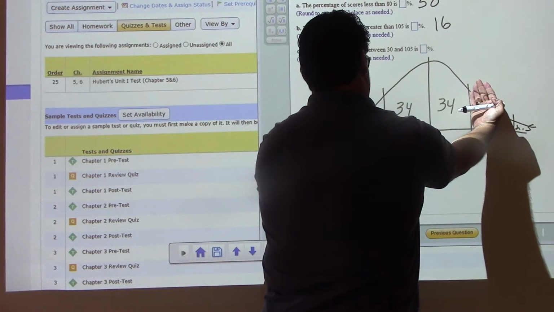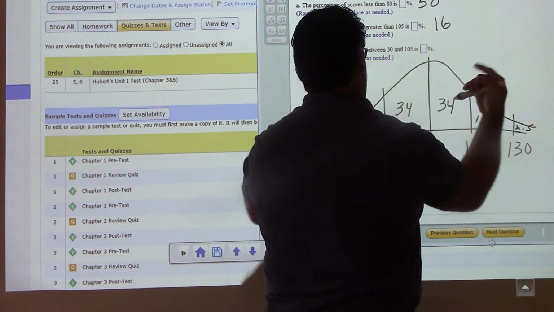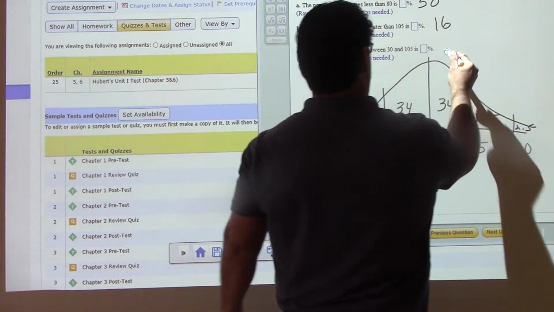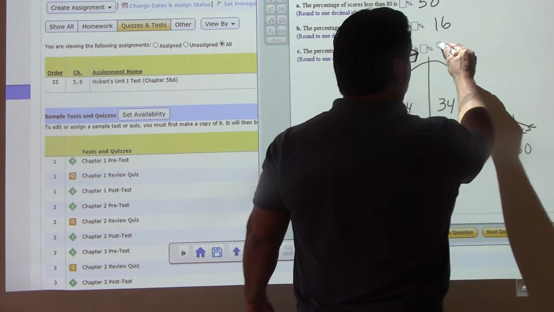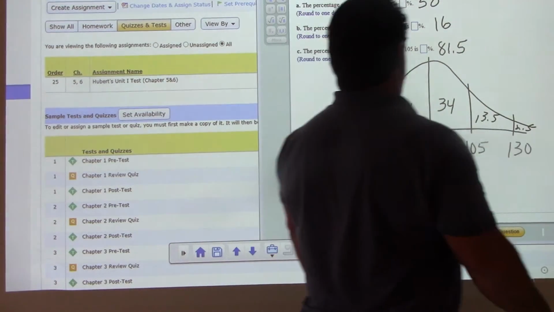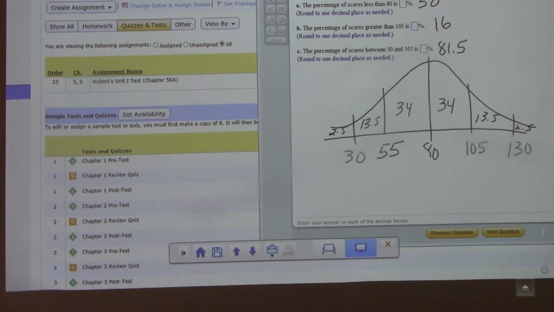That'd be 95 minus... no, 68 plus 13.5, which is 81.5. So 50, 16, and 81.5.